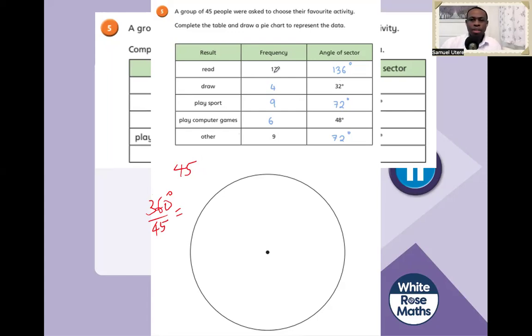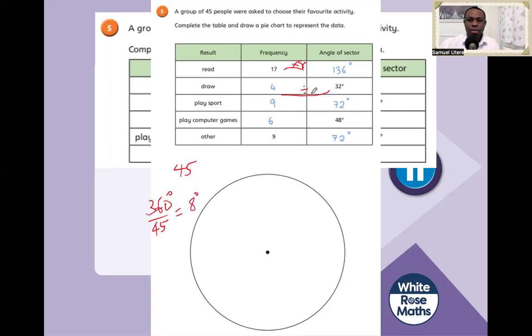So to get what is missing here, we'll have to do times 8. And to get what's missing, if we know this here, we can do divided by 8. So that special number is really important. You can see why I keep emphasizing that method. Once you know the total, you can just use the total to divide 360 degrees to get the special number.